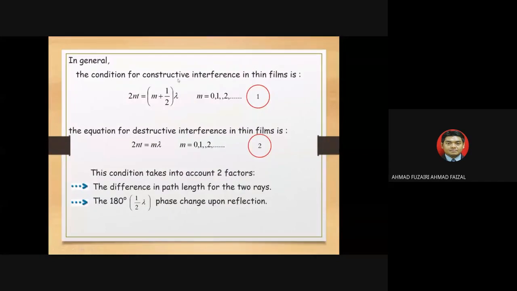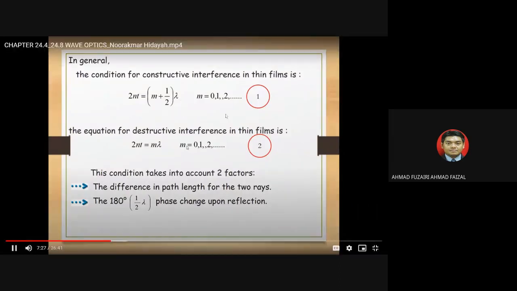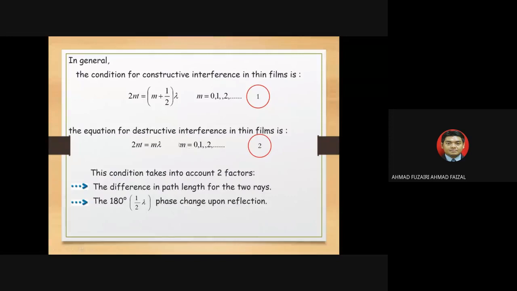In general, in dealing with constructive interference in thin film, we will apply the first equation. The second equation is applied when we are dealing with destructive interference in thin films. These two equations are applied when we are dealing with two different media.